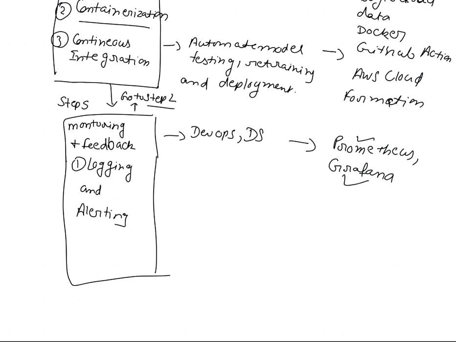Okay, and then the second step is input drift tracking. So here you will check if the data distribution changes.